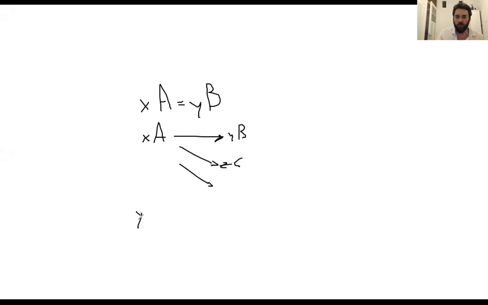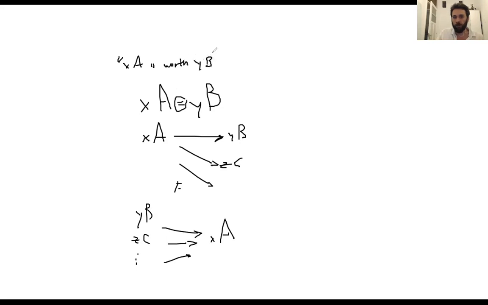So then he writes the inverse like this. But when you see the way that he expresses this, he shows that this is not equal. These two things are not the same, because there is actually a predicative structure hidden behind this equality. This is not extensional equality. It actually means something like x of A is worth y of B, but it doesn't go the other way around.